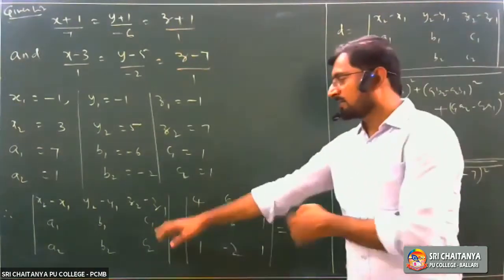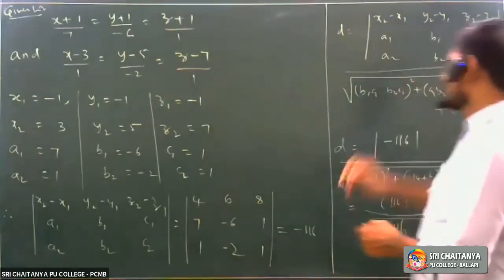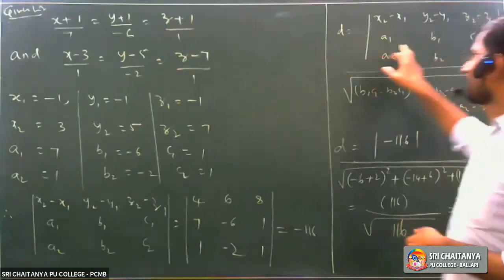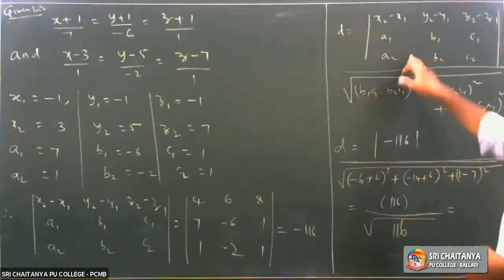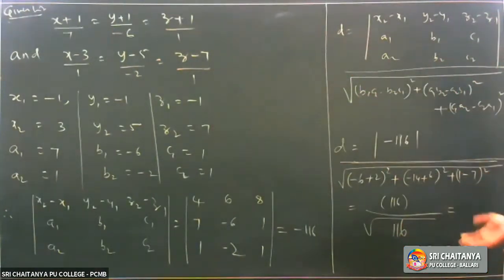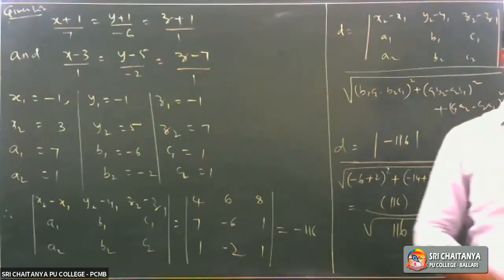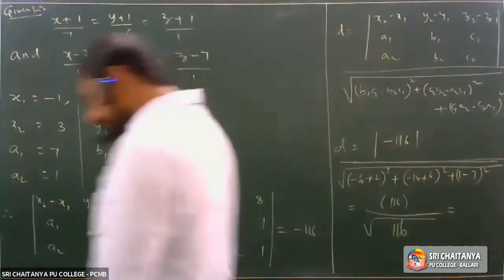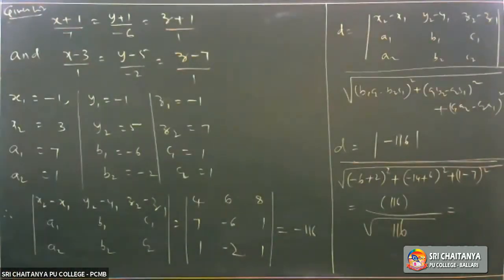And find the determinant, because the shortest distance formula when Cartesian equations are given is this. Now apply all the values in the formula and you get the answer. Copy this. As the distance should not be negative, I took modulus for that.